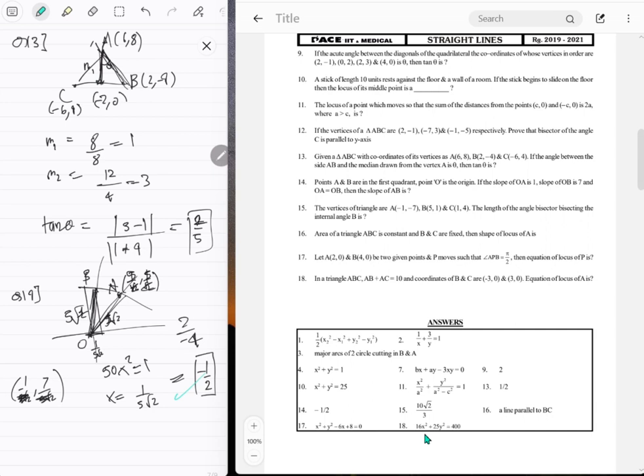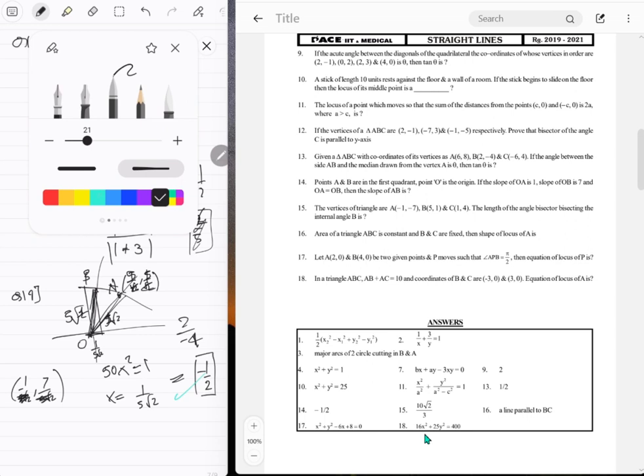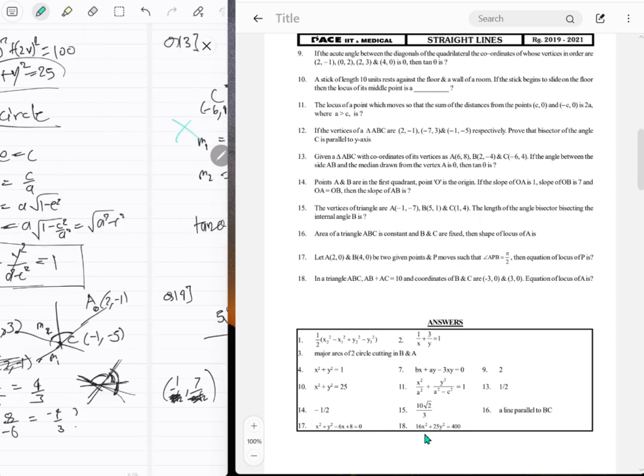And the other guy M2 has the slope 12 upon 4, which is 3. Oh no, why is this 4 of all things? It should be 3. I mean 3 plus 1, that's not what I should have done. It's basically 2 upon 4, that is 1 by 2. So this was wrong. Okay, my bad.